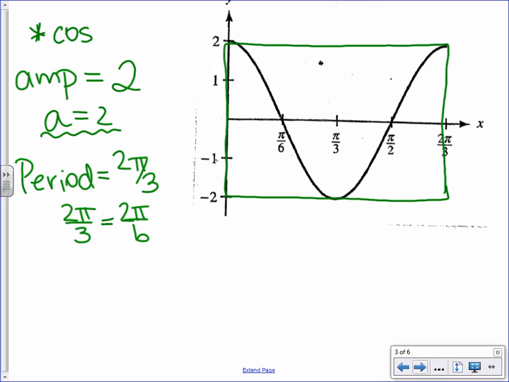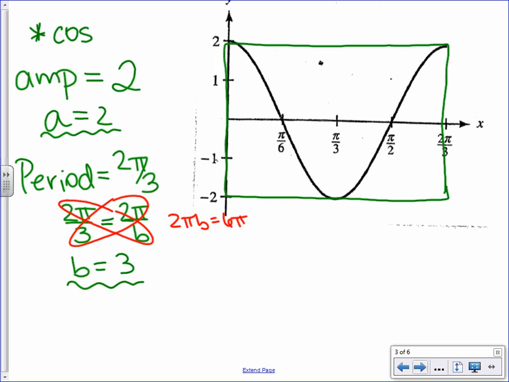Or some of you can already see that B is 3. If you don't, cross multiply: 2 pi B equals 6 pi. Divide by 2 pi, B is 3.